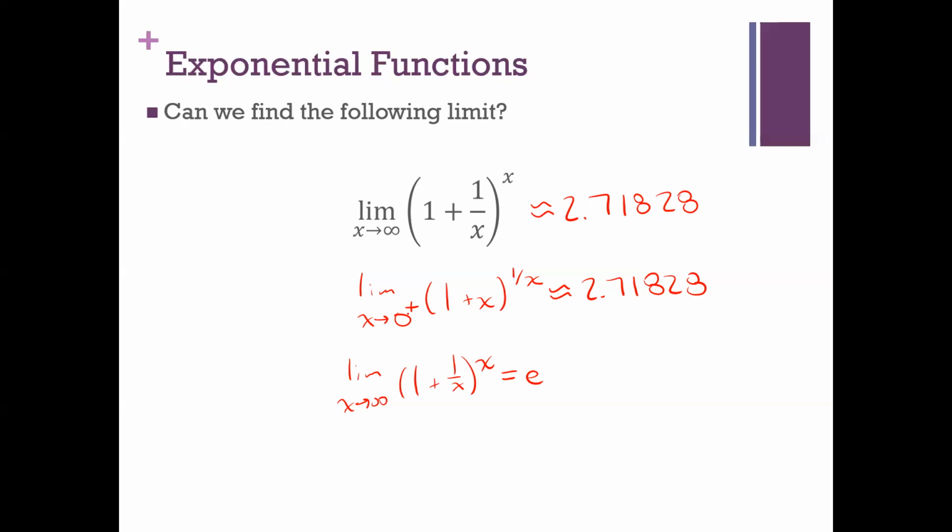As x approaches 0 from the right, that 1 over x is arbitrarily large. So I just wrote them both because we might use both depending on the situation, but really both are out there. Neither one of these things is universally accepted over the other. But we've all seen the number E before, right? Okay. So yeah, this is where it came from. This is how we discovered it.